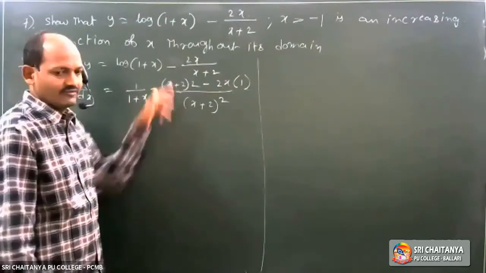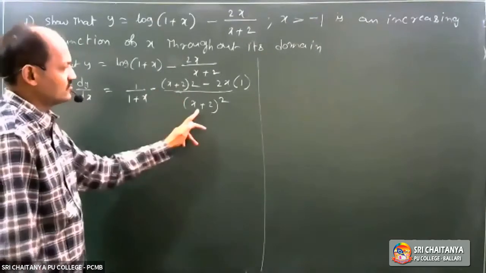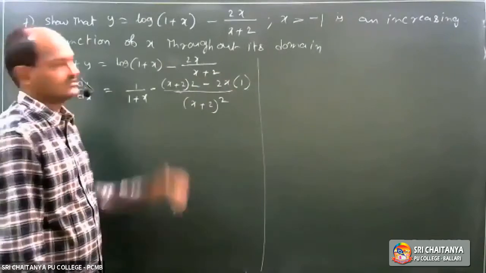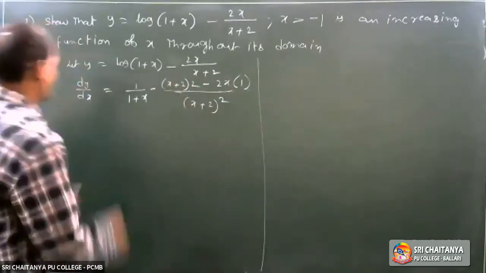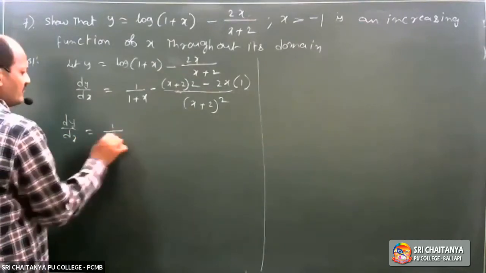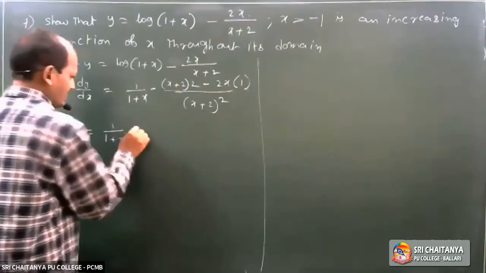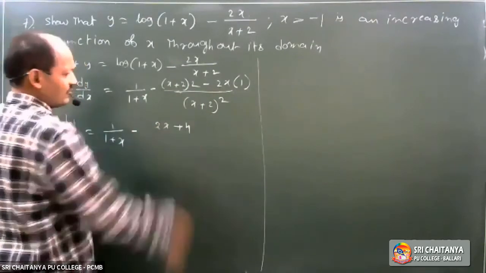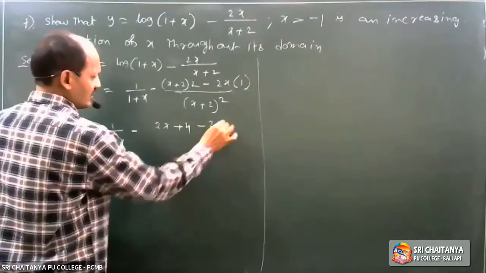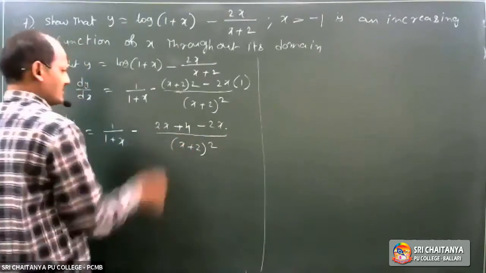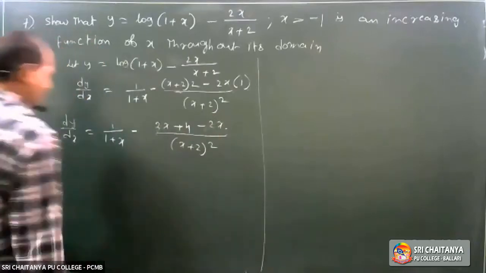That is, v u dash minus u v dash over v square. So dy by dx is equal to 1 divided by 1 plus x minus, 2x plus 4 minus 2x, divided by x plus 2 whole square.